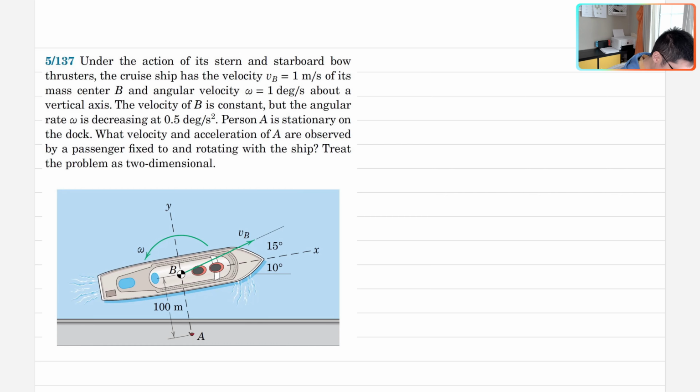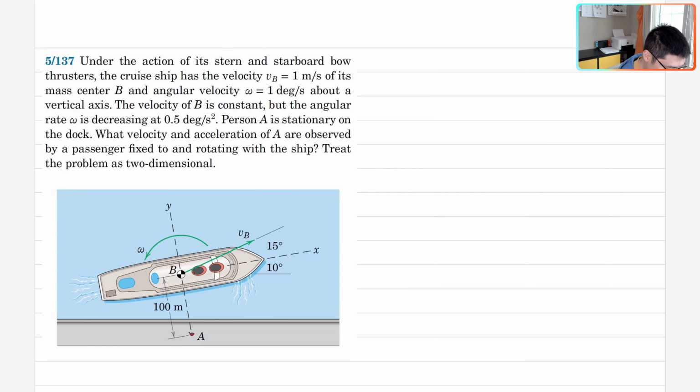The question is: under the action of a stern and starboard bow thrusters, the cruise ship has a velocity VB of 1 meter per second at its mass center B, and angular velocity omega of 1 degree per second about the vertical axis, rotating.